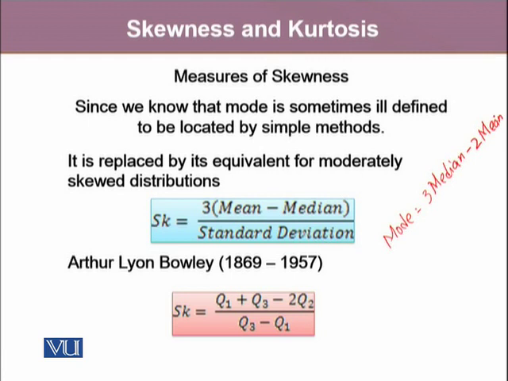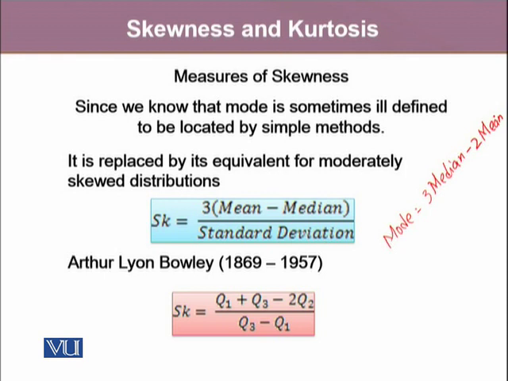This relationship is true when the distribution is moderately skewed. Hence, using this relationship in the previous formula, the coefficient of skewness can be modified to 3 times mean minus median divided by the standard deviation.